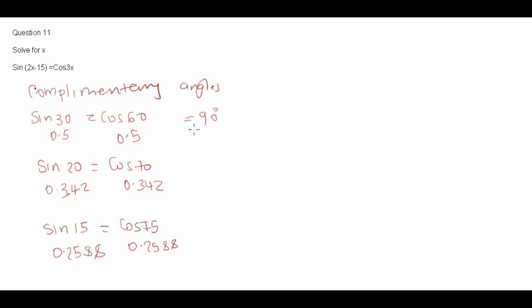30 plus 60 is 90. 20 plus 70 is 90 degrees. 15 plus 75 is 90 degrees. So we can take these two angles, add them and equate to 90 degrees. It is 2x minus 15 plus 3x is equal to 90 degrees.